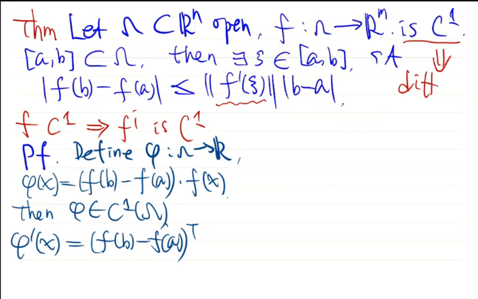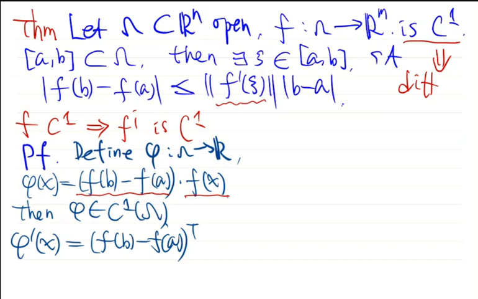We have a result about the real valued function obtained from the scalar product, or inner product, of two vector valued functions. Now our phi is the inner product of two vector valued functions: one is a constant function, but its value is a vector, and the other is another vector valued function. Therefore, we can apply the result.